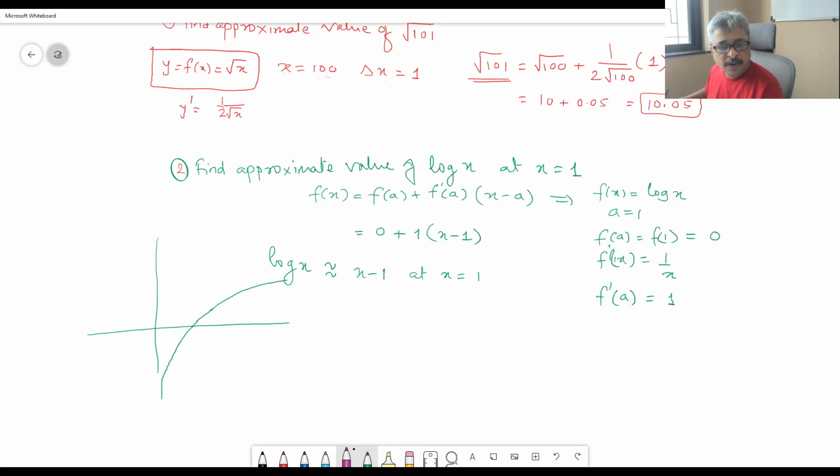And if you draw this straight line, linear, it passes through x is equal to 1, the slope is 1, so the line is going to be tangent at this point. So locally, which I will demonstrate with some other problems using GeoGebra, log x can be approximated by x minus 1. Locally means in the neighborhood of x is equal to 1.